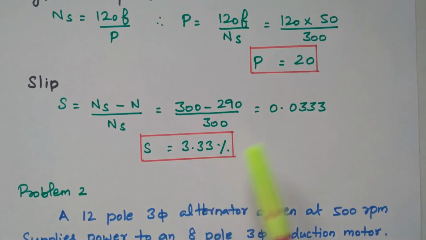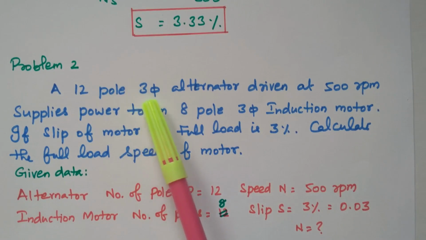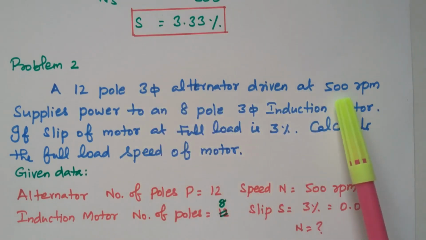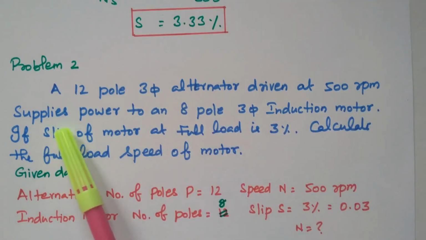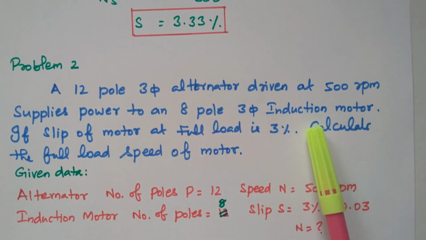So we calculated the number of poles as well as the slip of the induction motor. Now we'll go to the second problem. A 12 pole 3-phase alternator driven at 500 rpm supplies power to an 8 pole 3-phase induction motor, right?